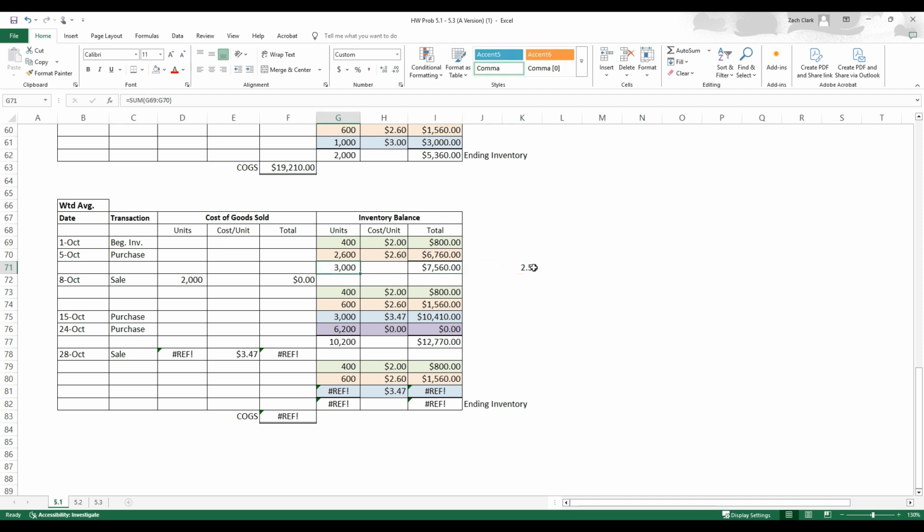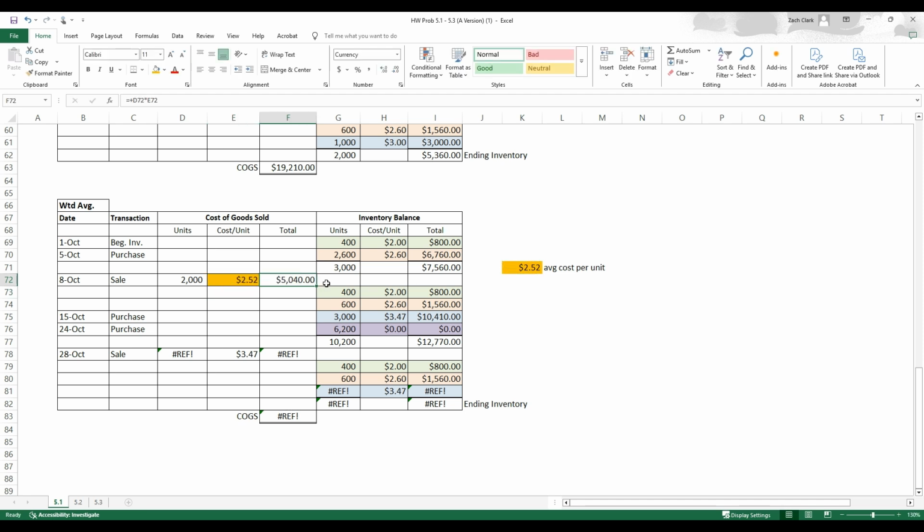So the average cost per unit at the time that we have this sale is $2.52. And we get that just by taking total cost divided by total number of units. So this is the average cost per unit. And let's highlight this with that color there, and then that's where we're going to pull this in.